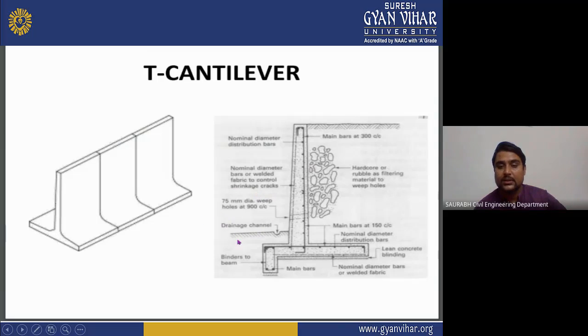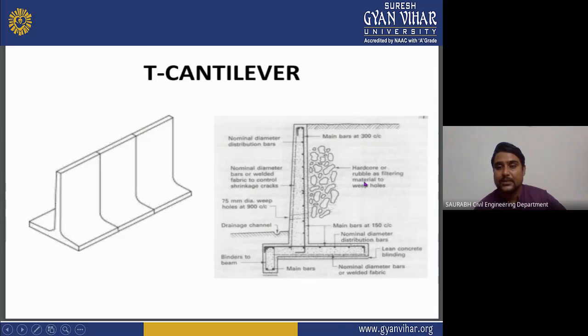And this is your drainage channel. As you can see here, by this drainage channel your water will be passed, and this is your main bar which is provided on the back side of the wall where thrust will work at very high intensity, and these main bars are provided at 300 center to center.